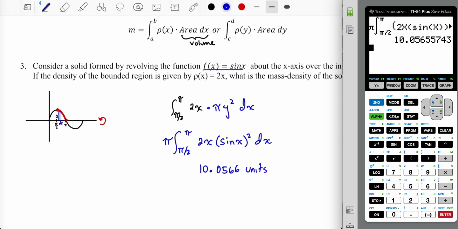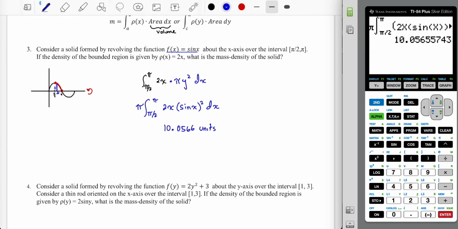All right, no units were given, so we'll just reply with units at the end.